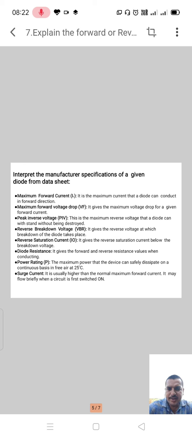Next one, power rating, P. The maximum power that the device can safely dissipate on a continuous basis in free air at 25 degree Celsius.